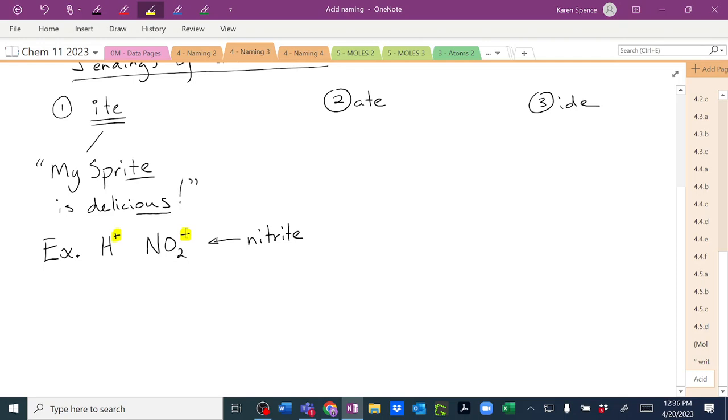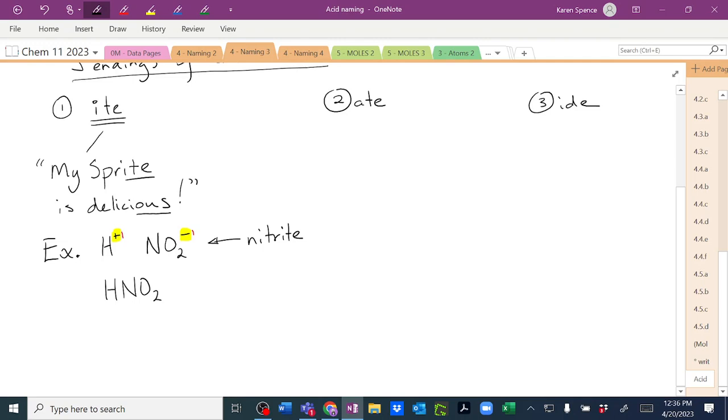Do those charges cancel out? Does +1 cancel out -1? Yes. And if that's the case, we only need one of each ion. So if we were to write the acid, we would write it as HNO2, where we just have one hydrogen and NO2.